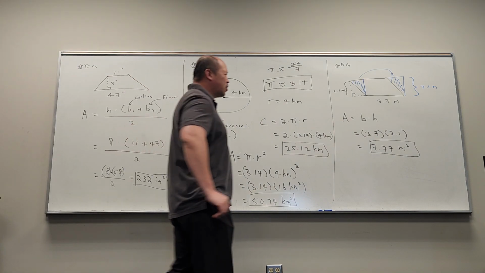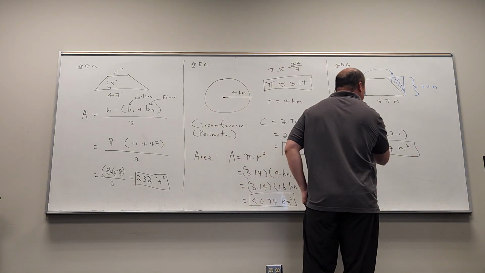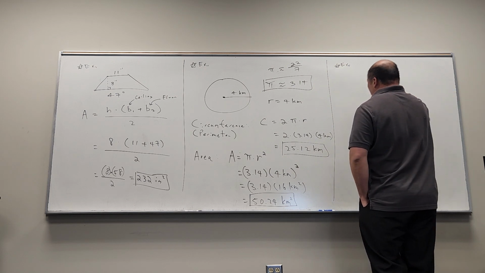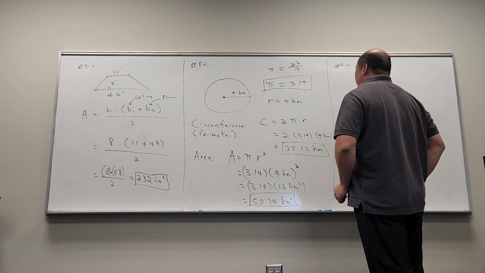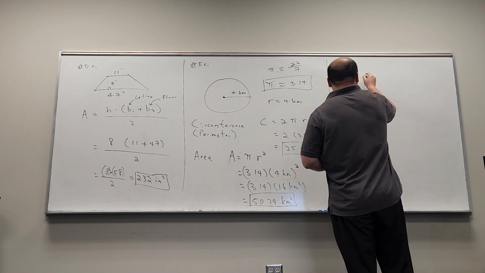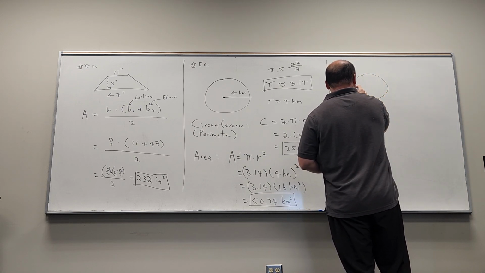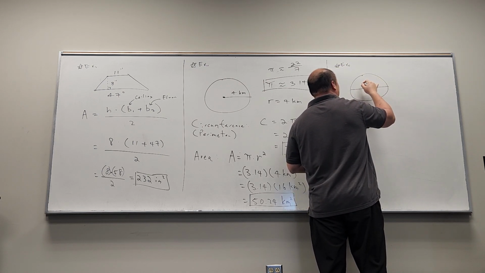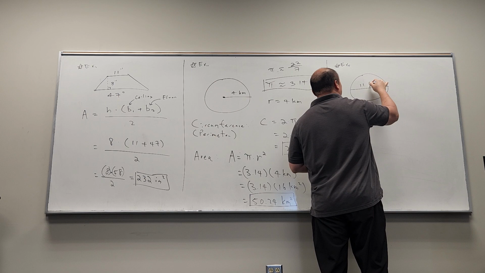Now let's do another circle, because on your homework they're gonna give you some circle that's just a little bit crazy. So if I give you a circle like this, and I say this one is, how about, 11 feet?